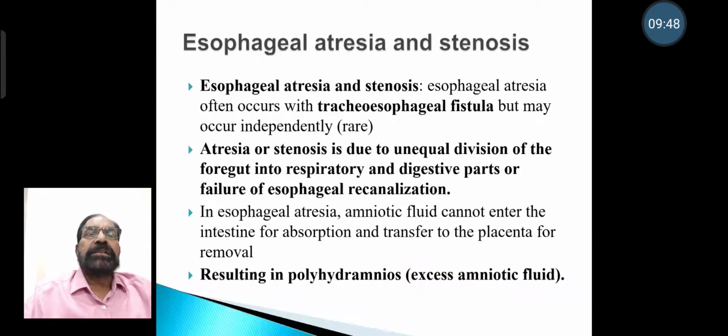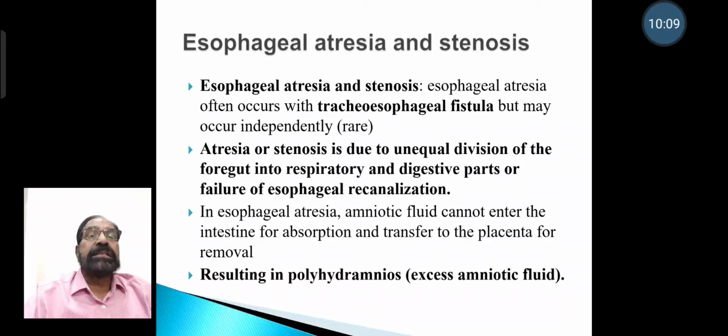Foregut malformations. Esophageal atresia and stenosis. Esophageal atresia and stenosis occur often with the tracheoesophageal fistula but may occur independently. That is rare.